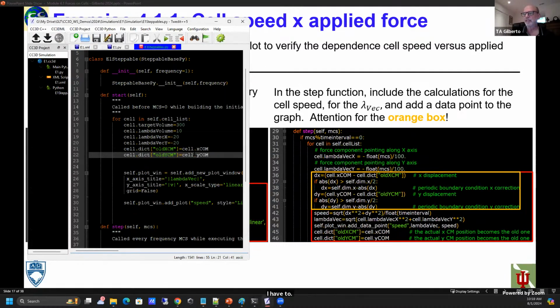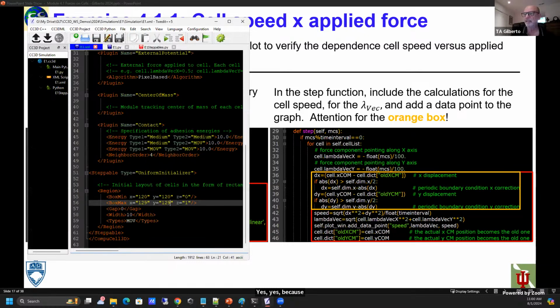The initial center position is the position of the cell in Monte Carlo step 0: cell.xcon, cell.ycon. Oh, okay. So you are initializing the cell to be right at the middle of the block. Yes, because we did that here, remember? Okay, got that. I'm sorry, I missed that.